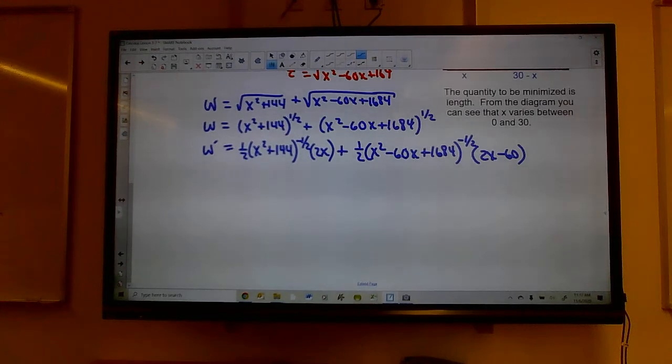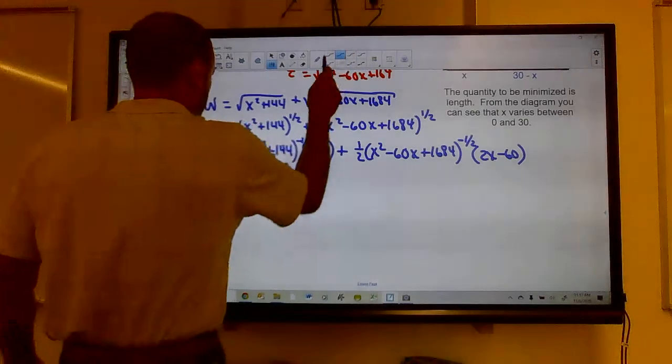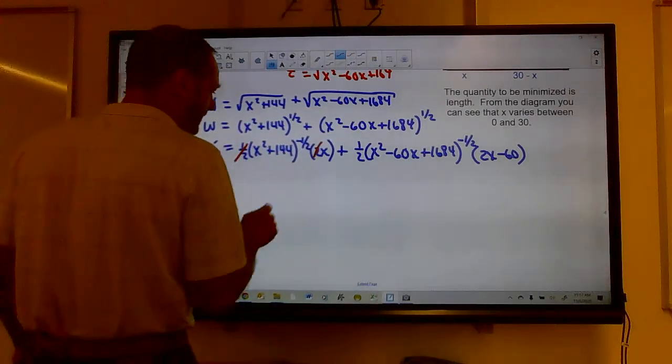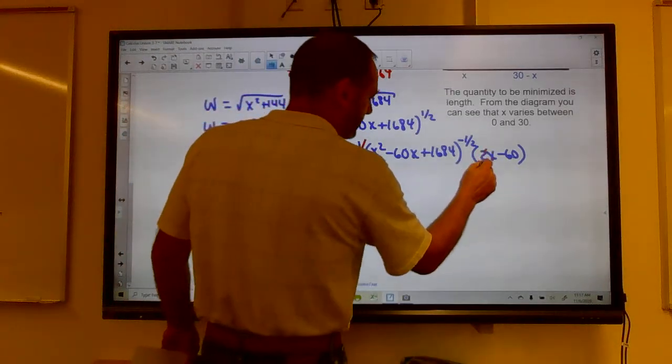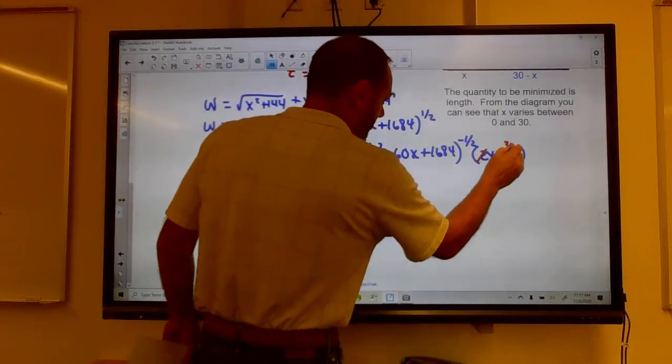All right, not horrible so far, but we need to do some cleaning up here. So I can do this. This 1/2 is going to cancel that 2. And this 1/2 here, we can cancel a 2 and the 60 and make that 30.